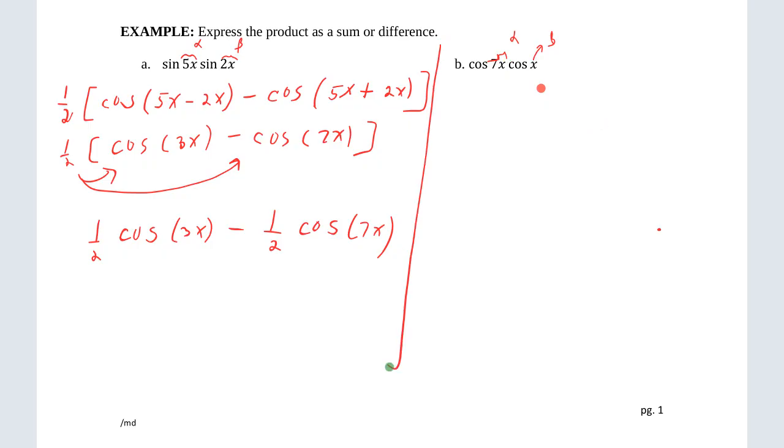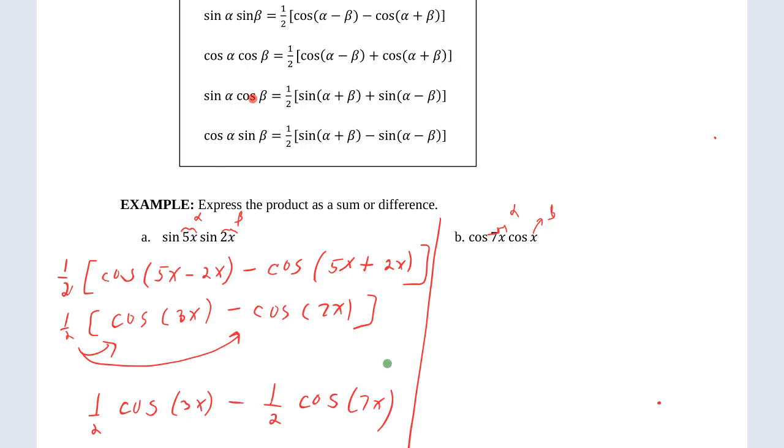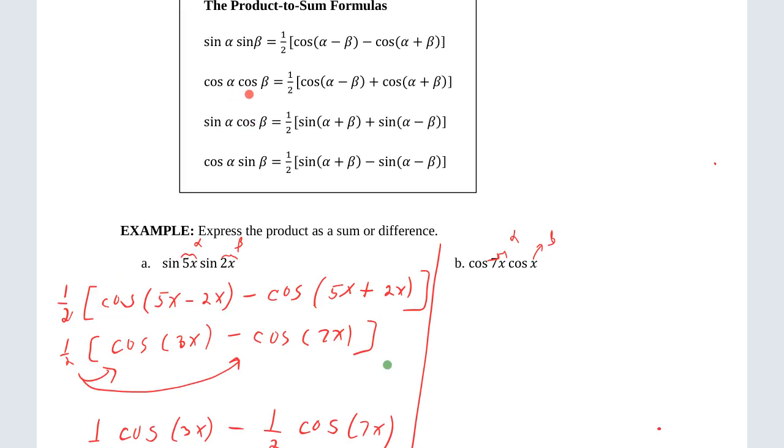So again, I will be applying the formula for 7x and then x for the cosine. As you can see, we have cosine alpha times cosine beta. In that case, I will be applying this given formula.